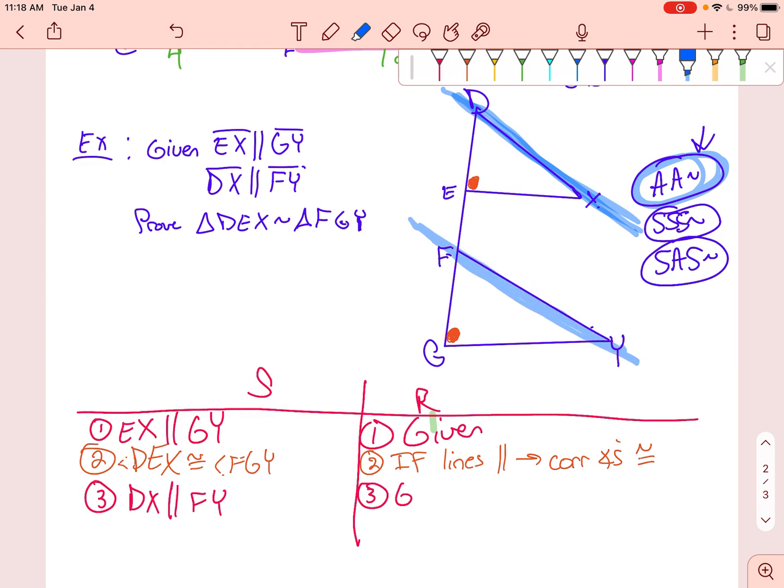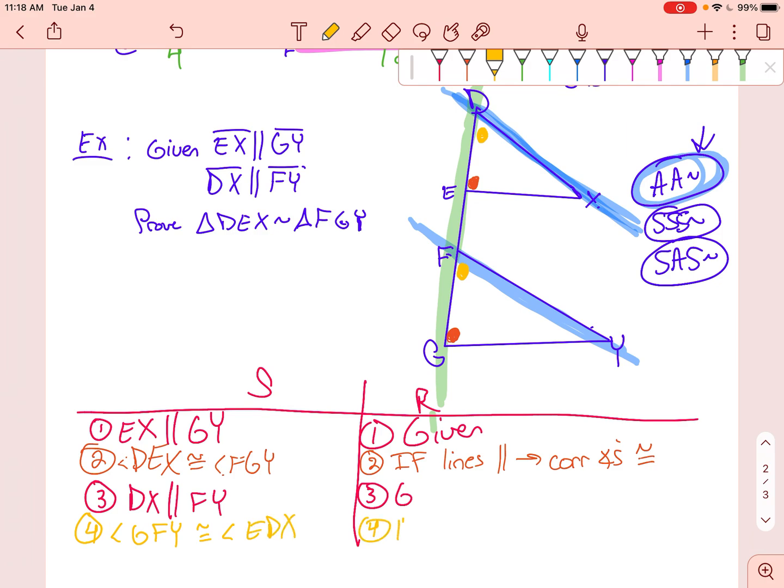Okay, so again, I'm identifying that I do have the same line as a transversal, and I also have some corresponding angles. I see this angle right here is corresponding with this angle right here. So I'm going to say that angle GFY is congruent to angle EDX.